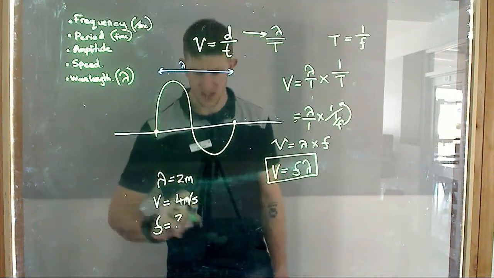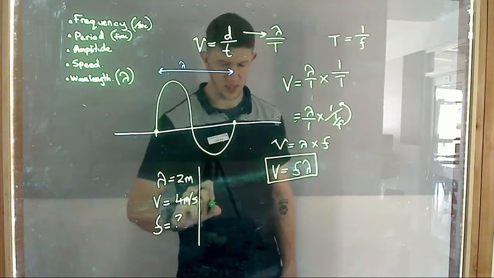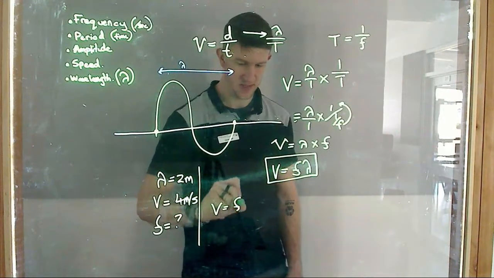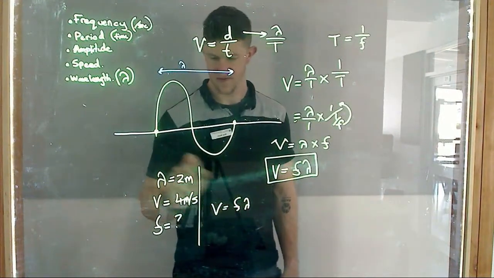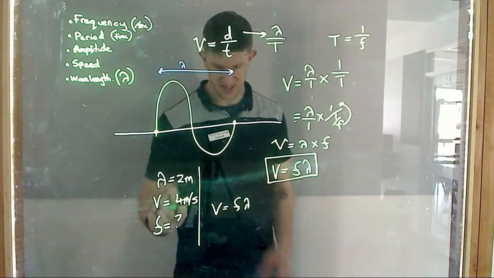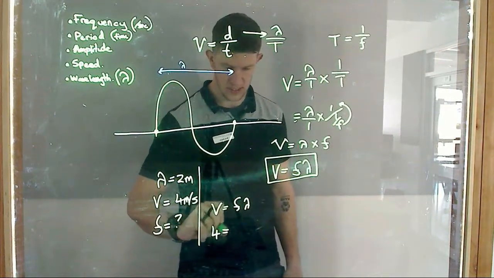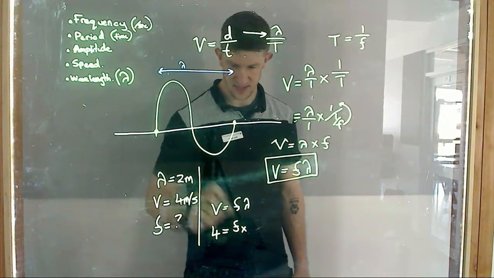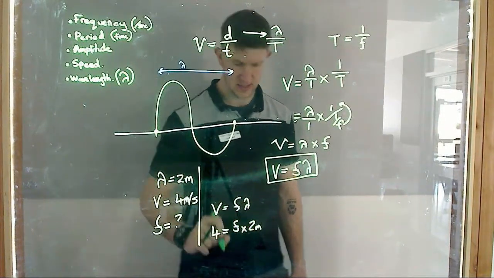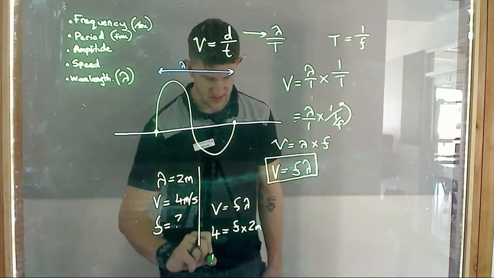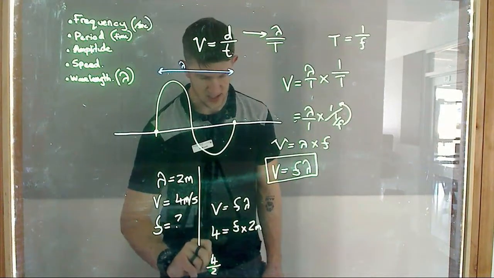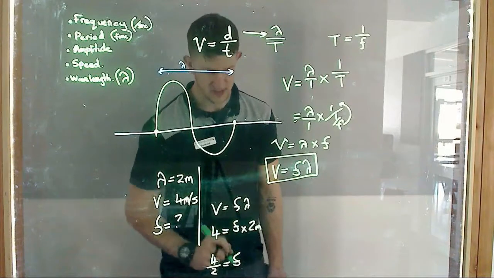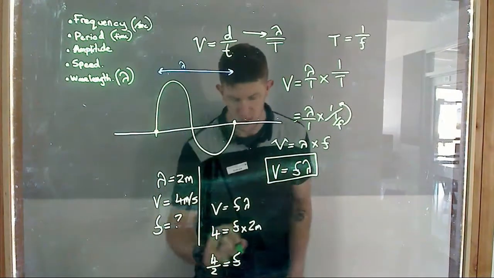We can use this equation and just plug in V equals F lambda. F I don't know, lambda I do, and V I do. So 4 is equal to F times my lambda is 2 meters. Divide by 2, I get 4 divided by 2 is equal to frequency, which will be 2.